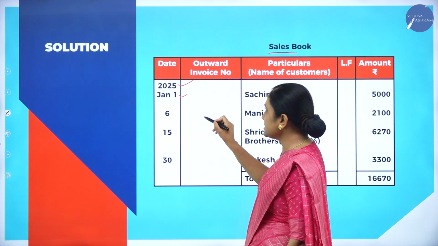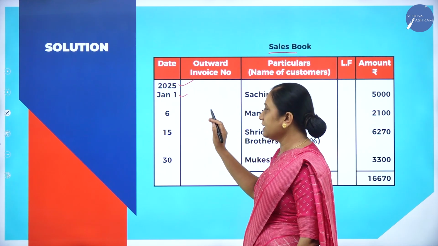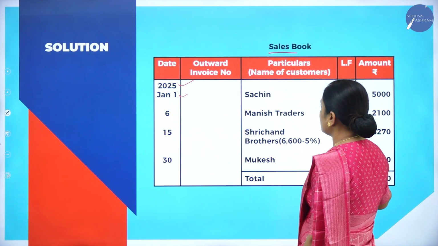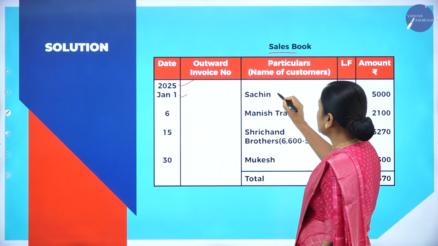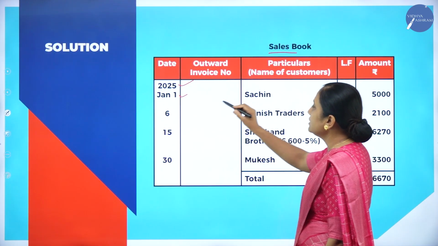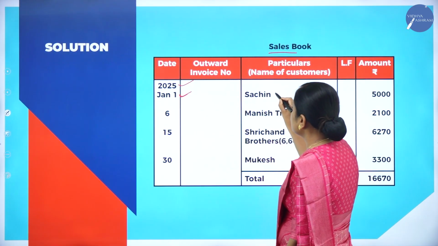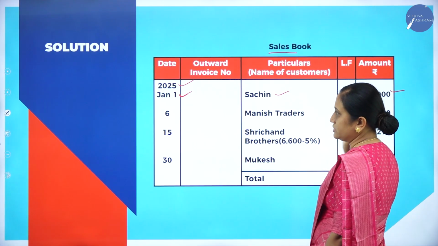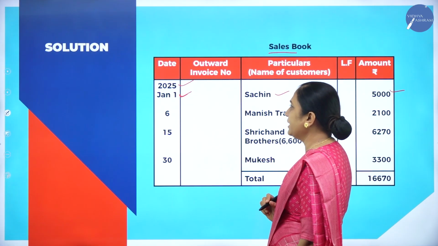This invoice number will be left blank. Nothing we will write because that information is not with us. The LF column is also left blank. In the particulars, to whom have we sold the goods? Sachin, right? So date Jan 1, Sachin, and in the amount column 5,000. We have made an entry.